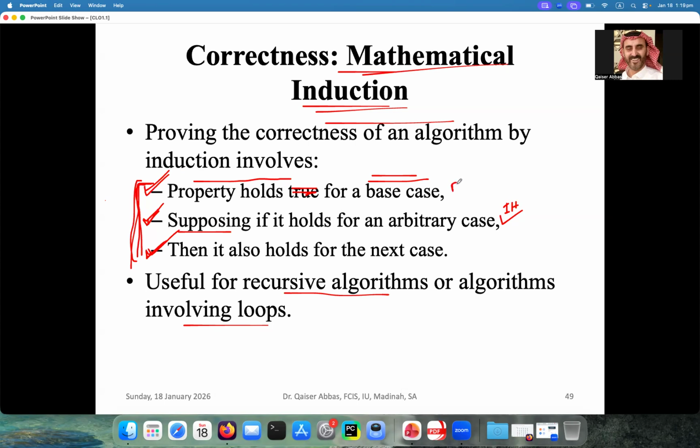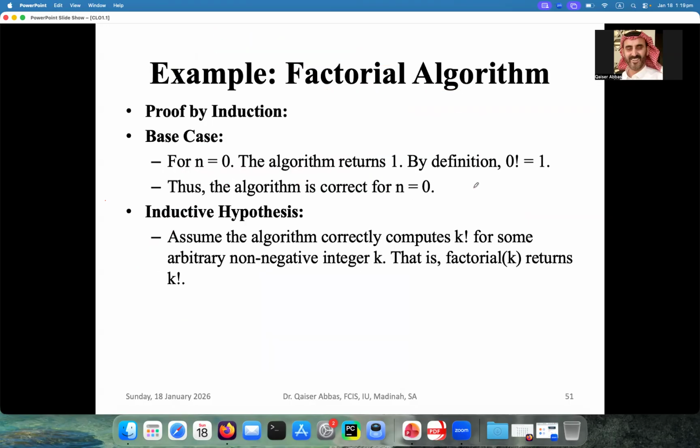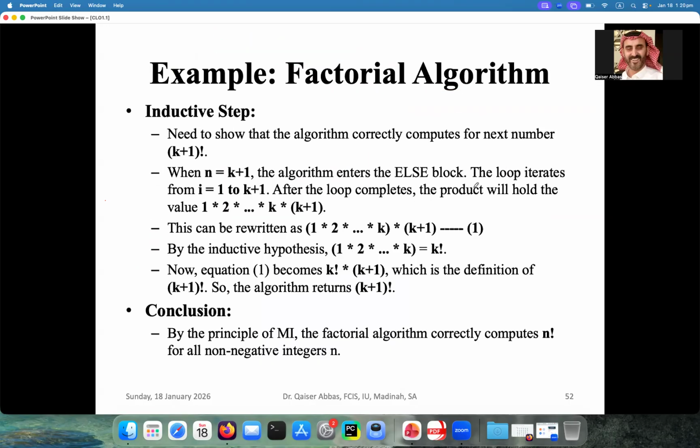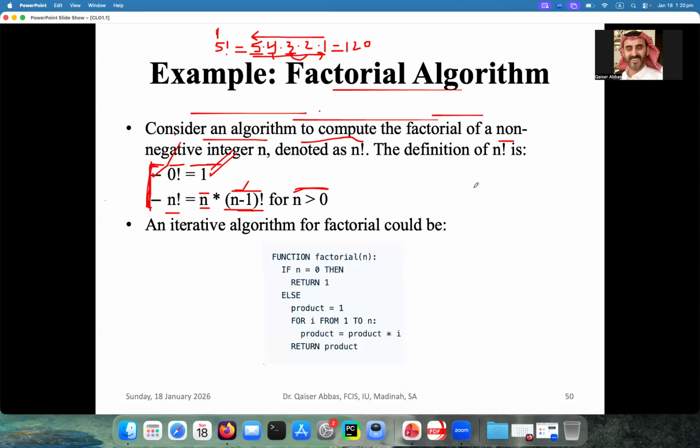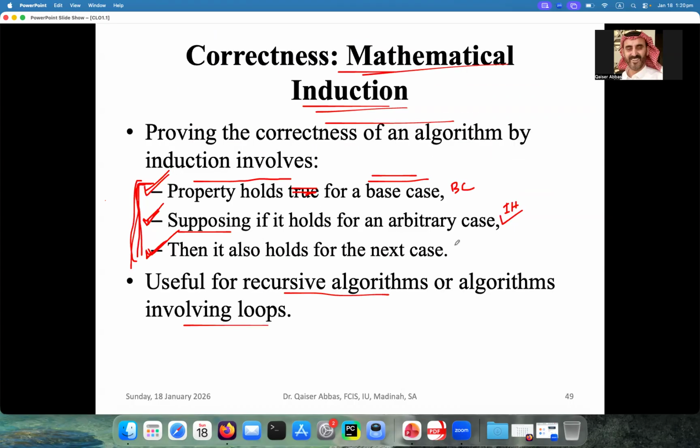This is the base case. And the final step, k plus 1, is called the inductive step.